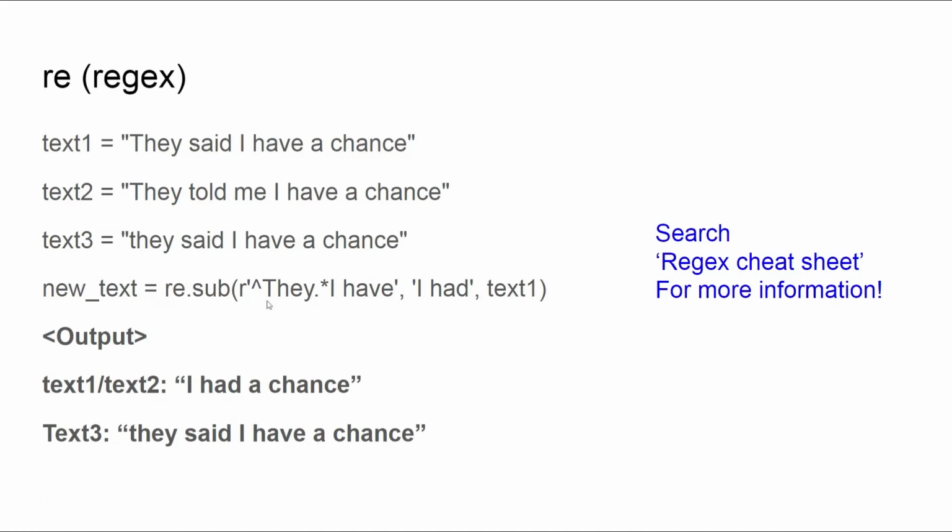Why is that? Because it is case sensitive. It does not start with capital T, so re.sub cannot find the regular expression pattern, so it would not change anything in text3 and returns it as is. It failed to find the pattern and failed to substitute.